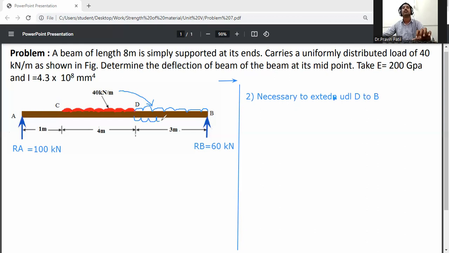Okay, if you do summation Fy, you will get the same value.